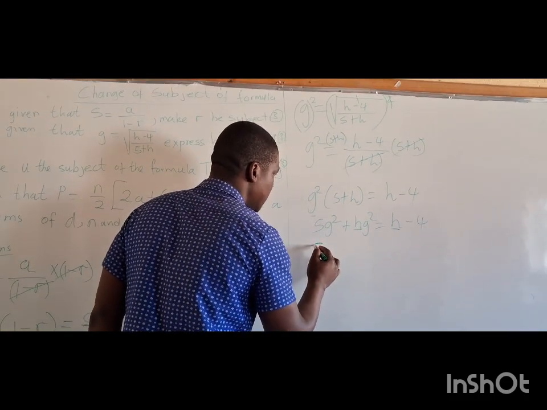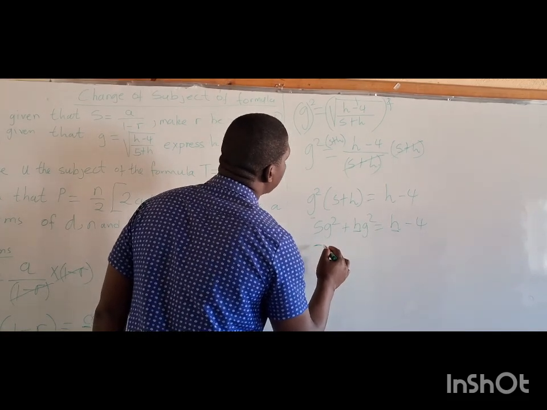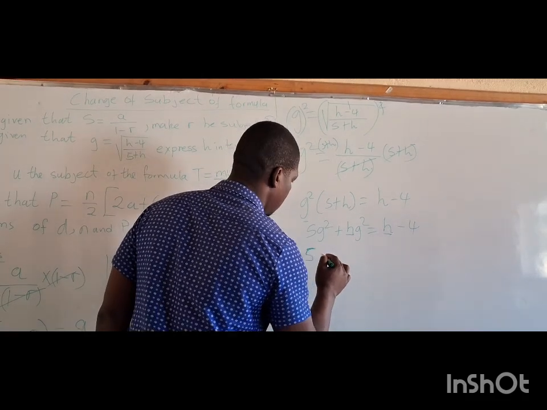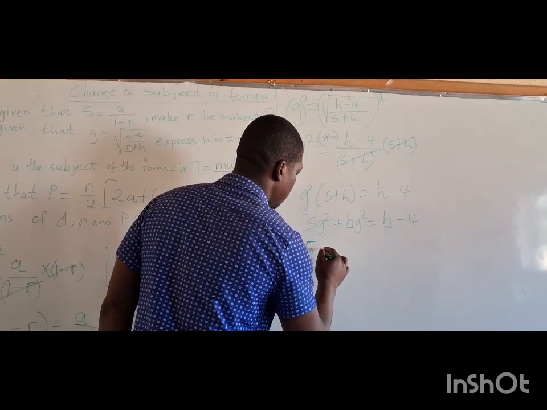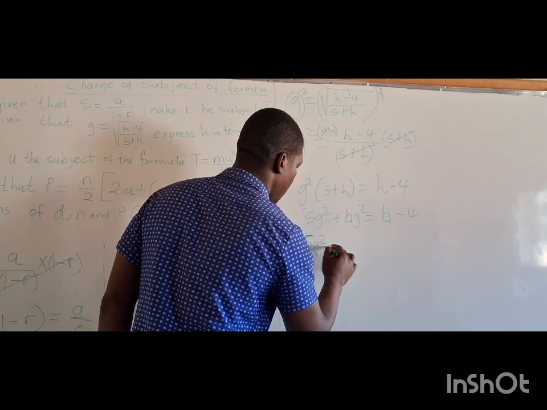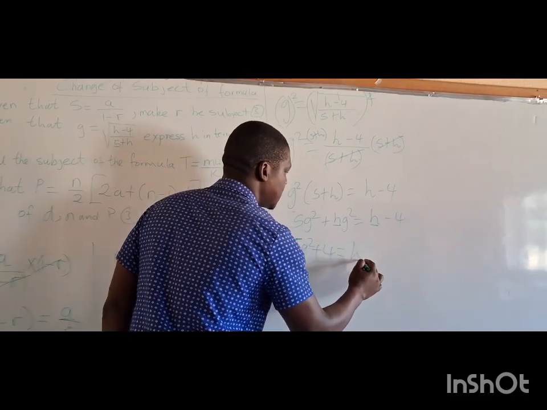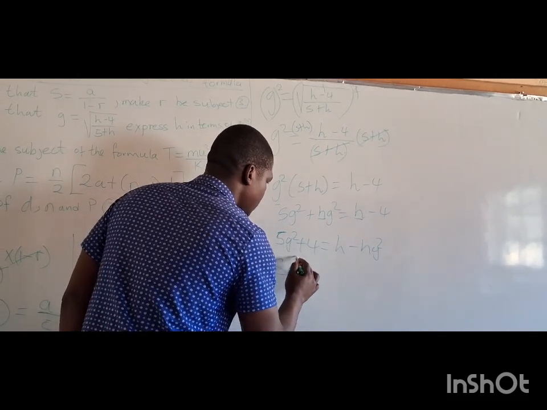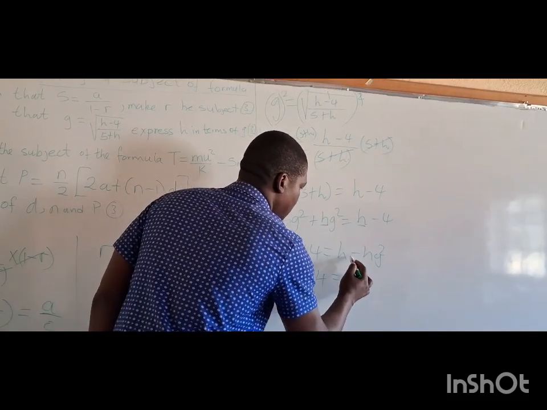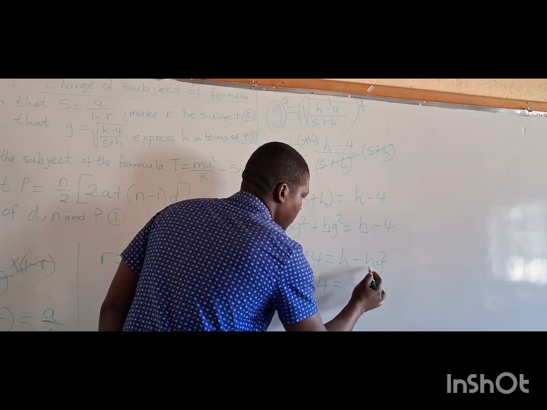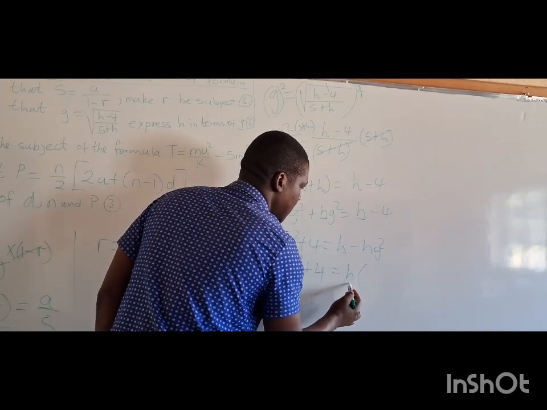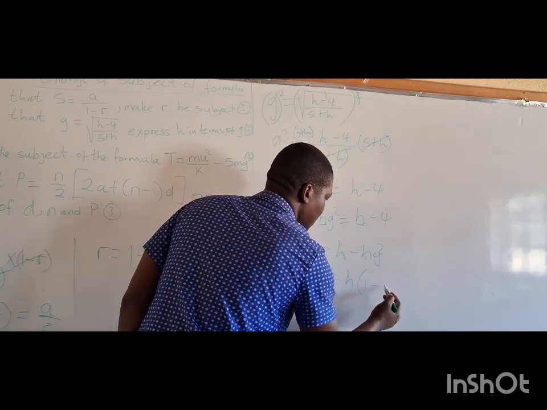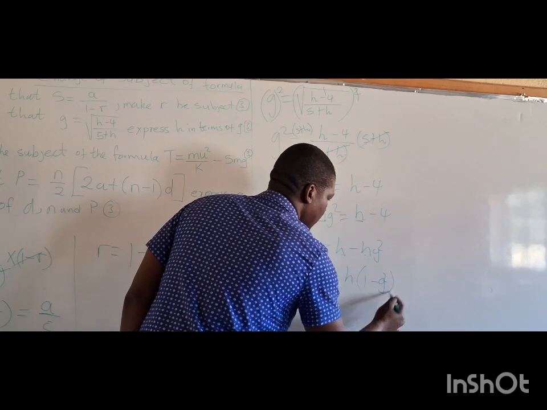It becomes 5G squared plus 4 is equal to H minus HG squared. We factor out H here. We are saying H into H, 1, minus H into HG squared, we are having G squared.